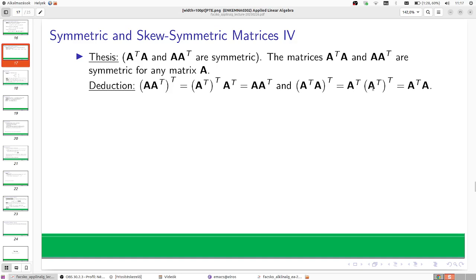It's almost trivial. I start with the second. This is the transpose of the second because this is a product. And then this is the transpose of the first. Transpose of a transpose is of course the original. So I got the same. I wanted to prove this one.